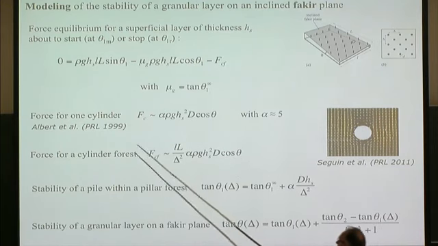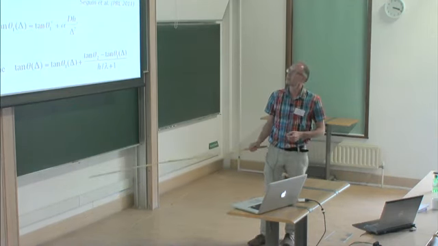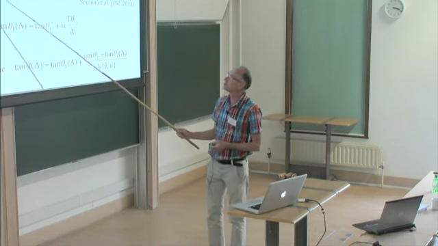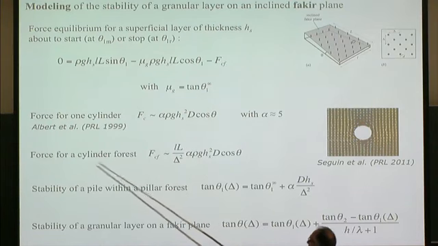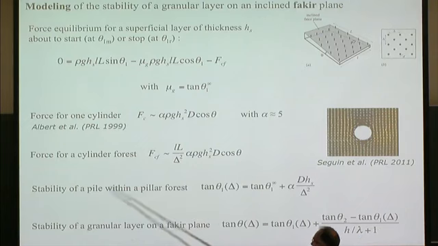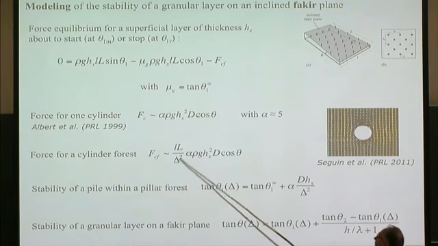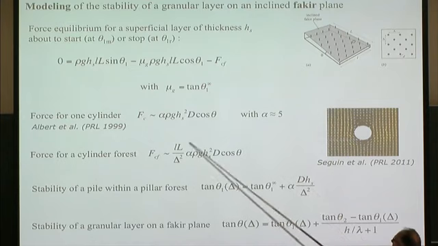This is the result of Albert et al., that we have also seen this morning, also shown by François Guillard. And so the force of the granular flow on a cylinder forest, and so the force that a cylinder forest exerts on the grain flow, is this force on one cylinder times the number of cylinders, the number of trees per unit surface.